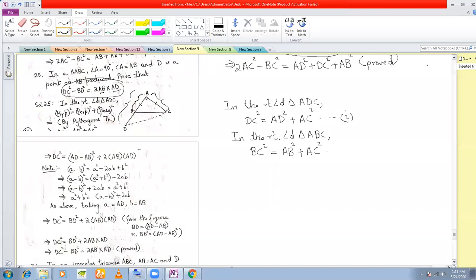So what I do here is, instead of AC, I write this as AB. Why? Since AB is equal to AC. Because AB is equal to AC, I can replace AC by AB, which is equal to twice AB square. Right?